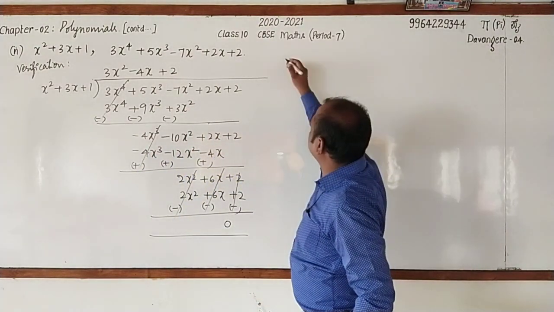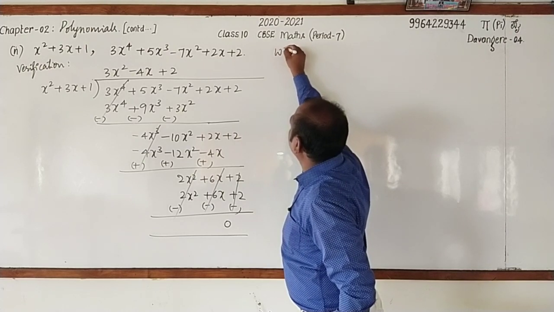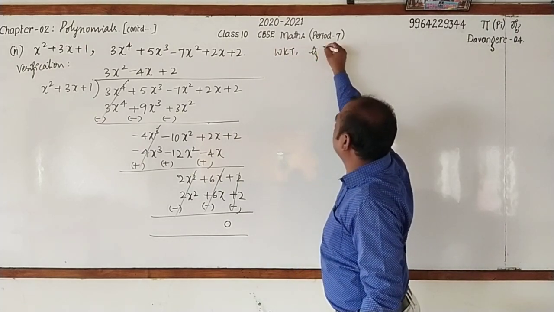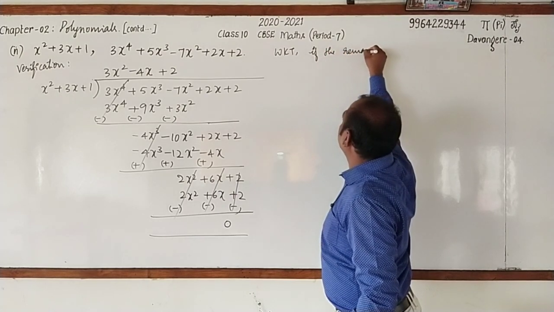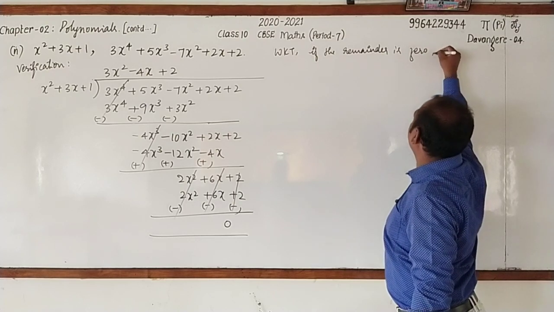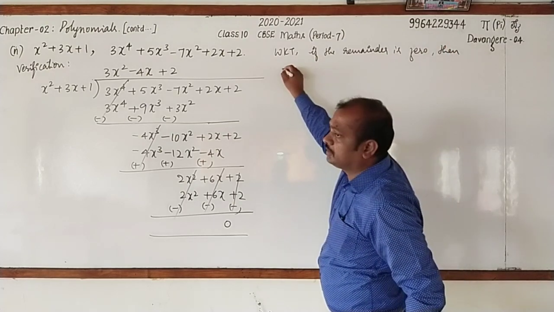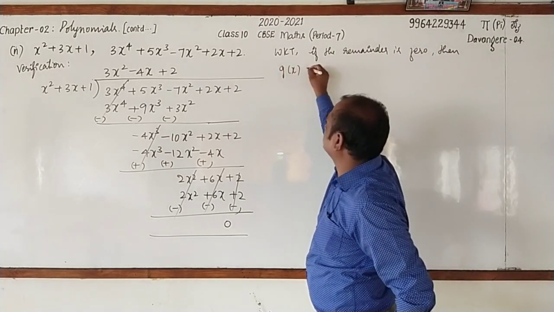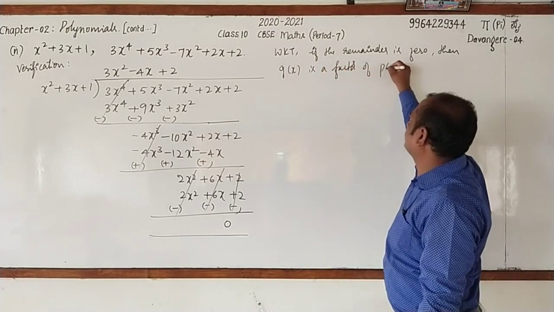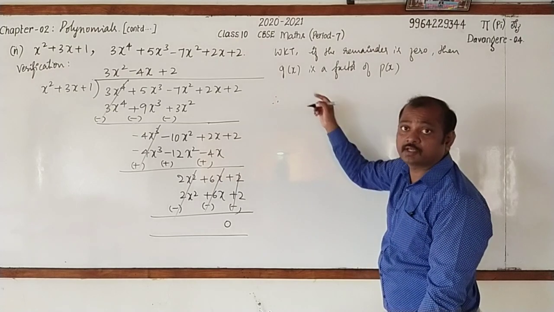Now, we can write. We know that if the remainder is 0, then g of x is a factor of p of x. Therefore, you can write the conclusion in this way.